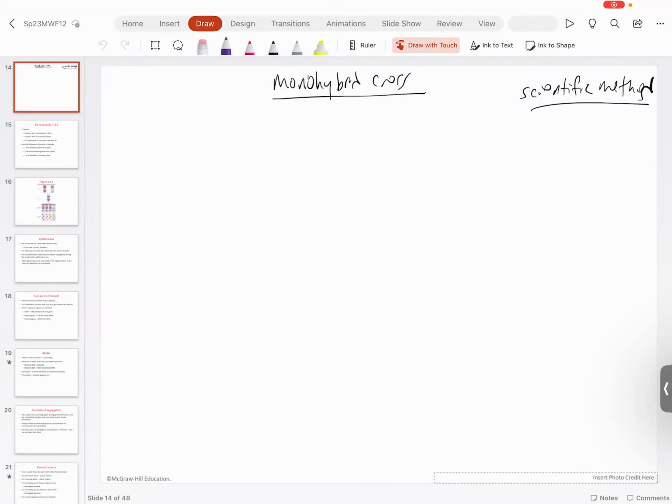Now, one of the things I like with Mendel, and it's not necessarily just my bias. I mean, it is my bias, but it's not all my bias, right? Because it's true as well that Mendel is probably one of the neatest, cleanest illustrations of the use of the scientific method in scientific history. Now, it doesn't mean he created it. He didn't. There were bits and pieces being used throughout.